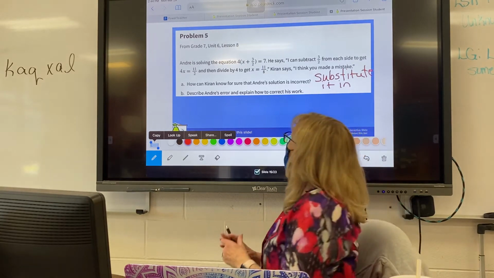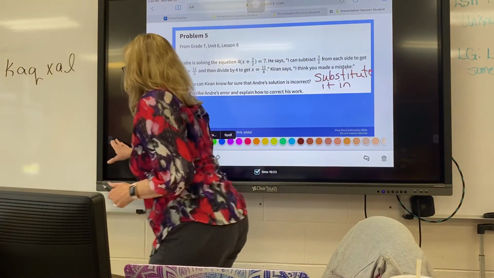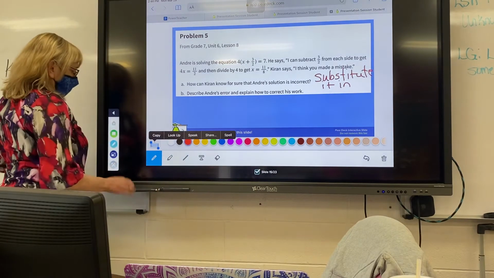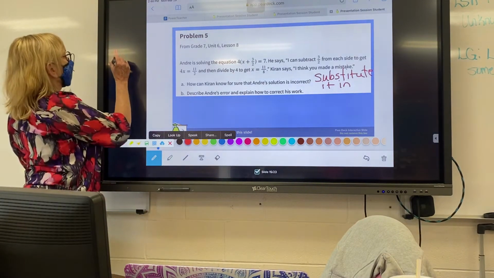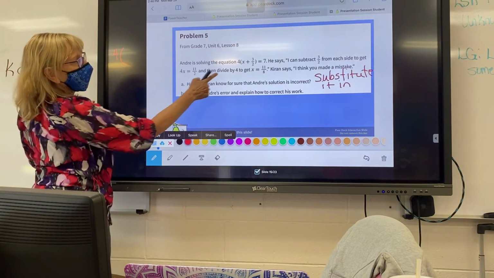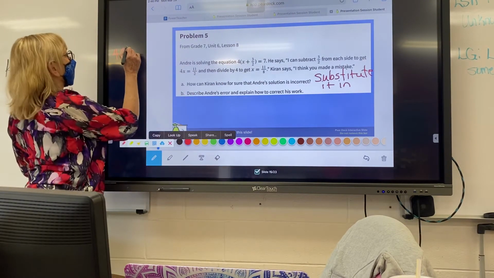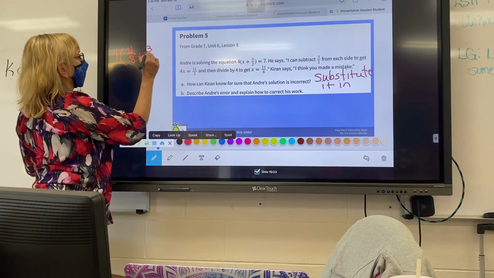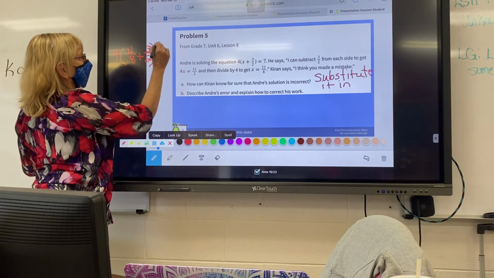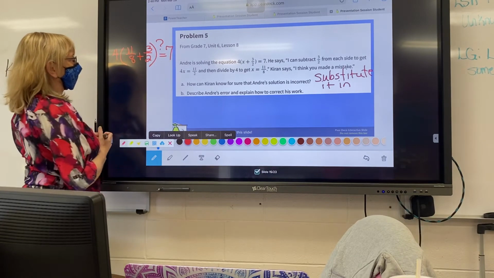So let's do that off to the side and see if his answer is right or not. So we're going to take 4 times, he said it was 11 eighths, 11 eighths plus 3 halves. And that is supposed to equal 7.